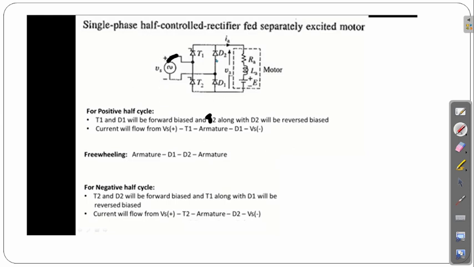Here the positive voltage will come over here, then over here, then come over here like this. At that time here it is negative, so this negative will flow like this.